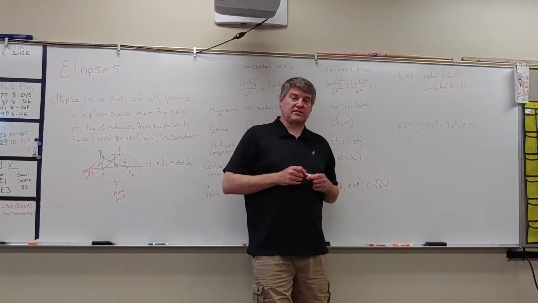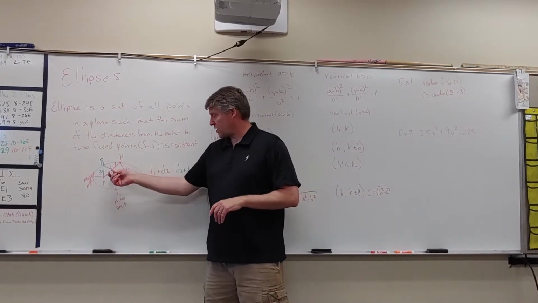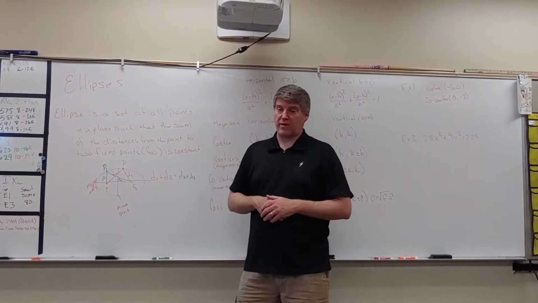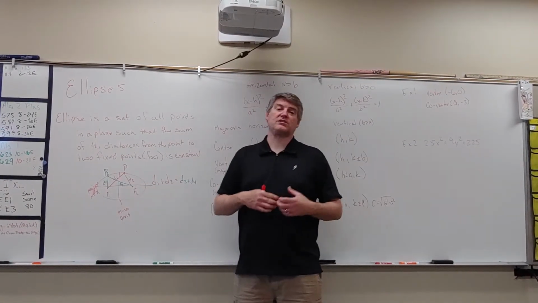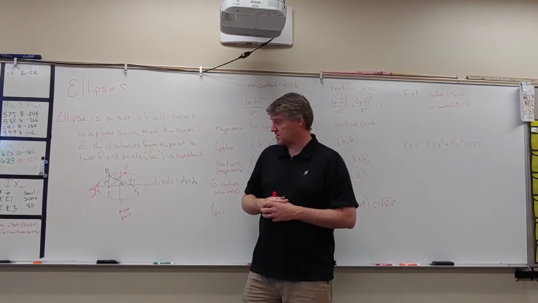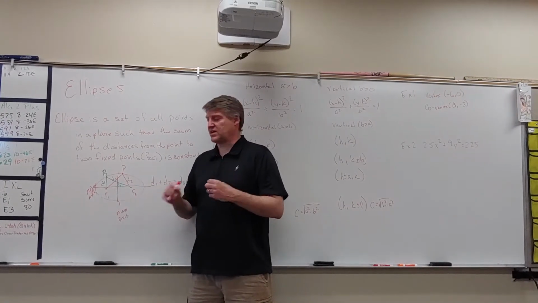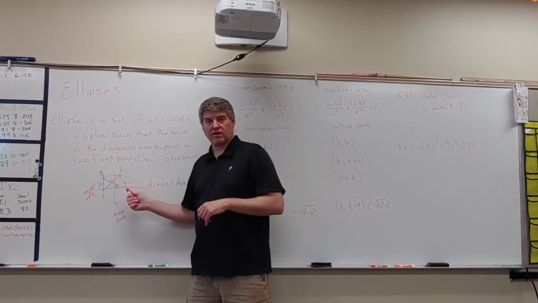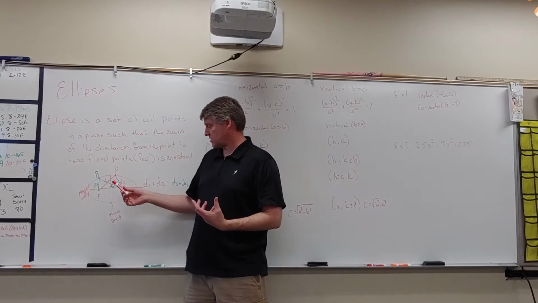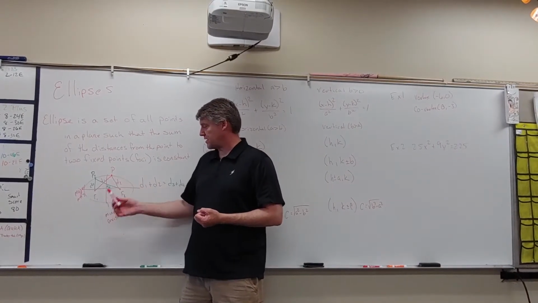Where those two cross is the center, kind of like our circle, it has a center point. We base everything off that center point. We base our foci off of it, our vertices, and our co-vertices. Our vertices are the sides of the ellipse along the major axis, so these two points here would be our vertices. Our co-vertices are along the minor axis, so in this example, it's the ones up and down.